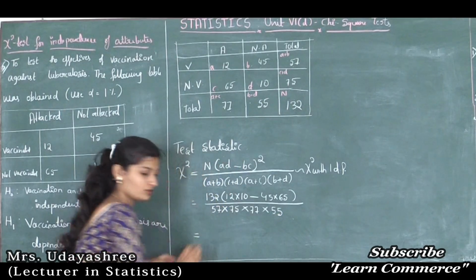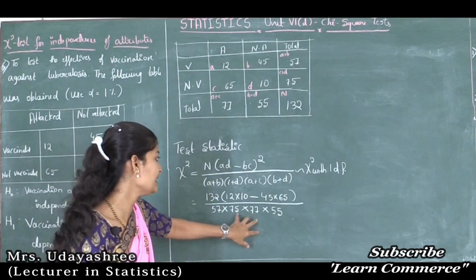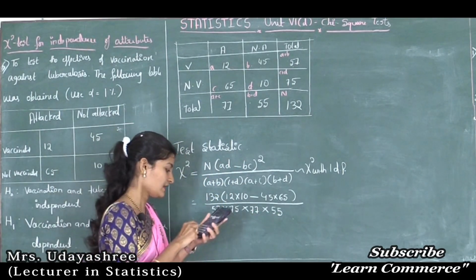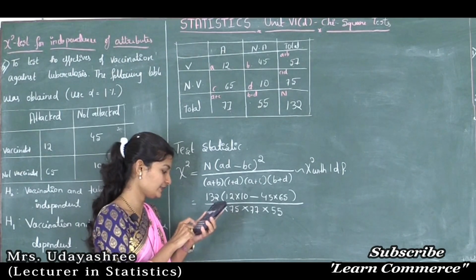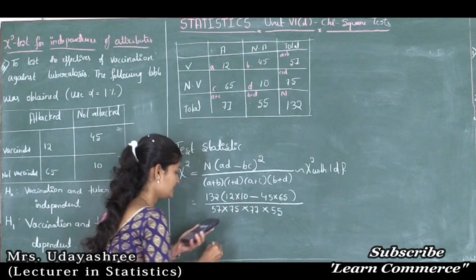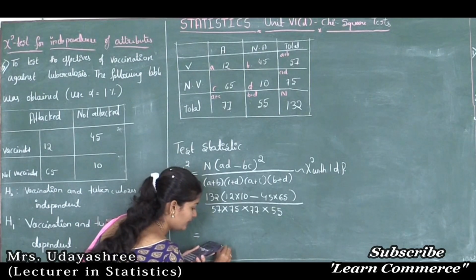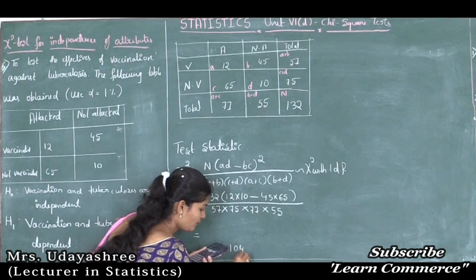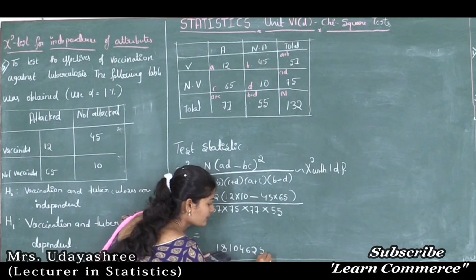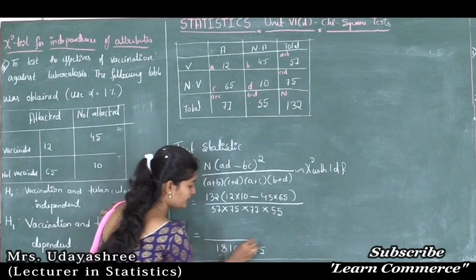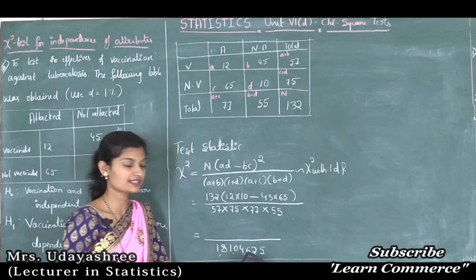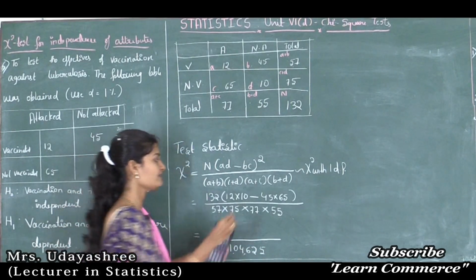Now this is equal to, first I will simplify the denominator terms, that is 57 into 75 into 77 into 55, that is 1,81,04,625. Next I will solve these terms.